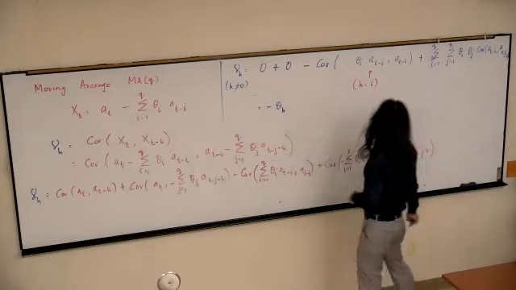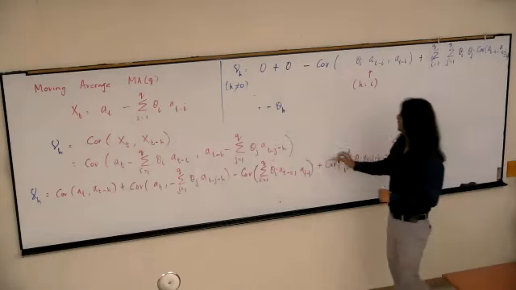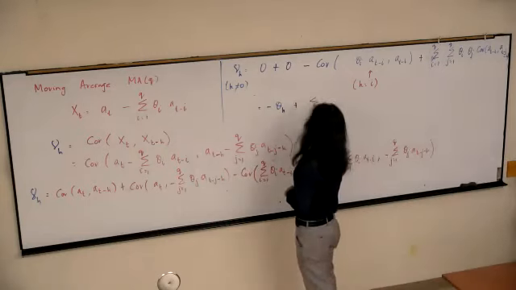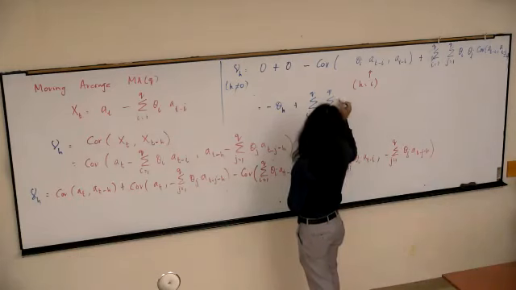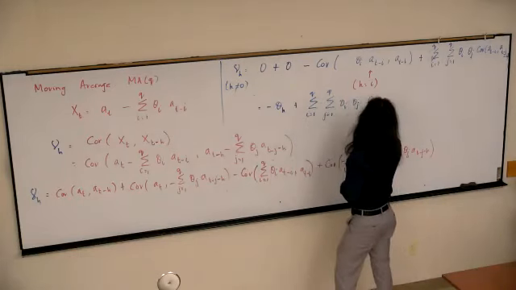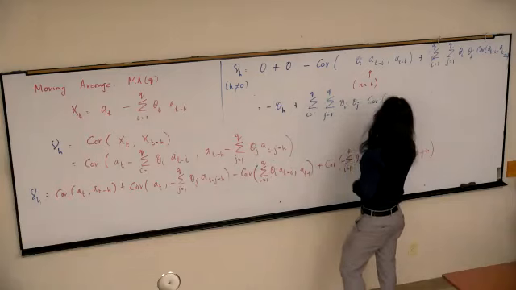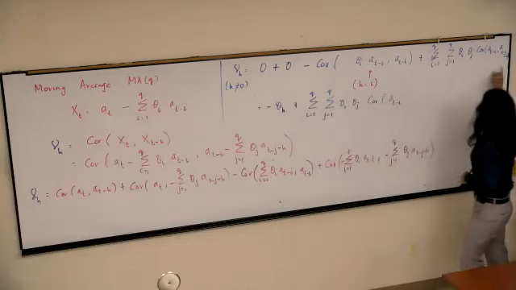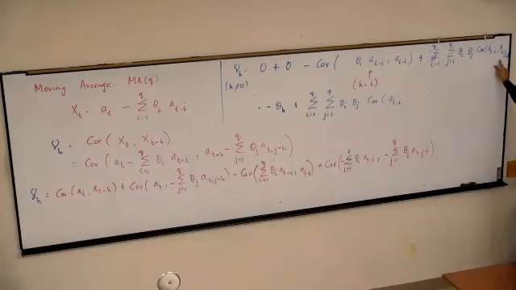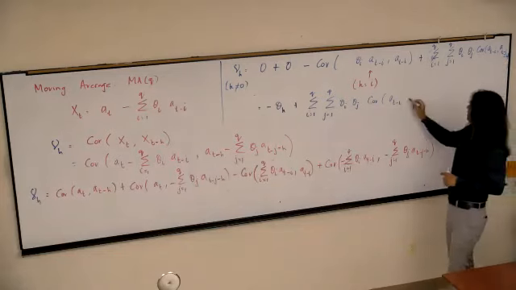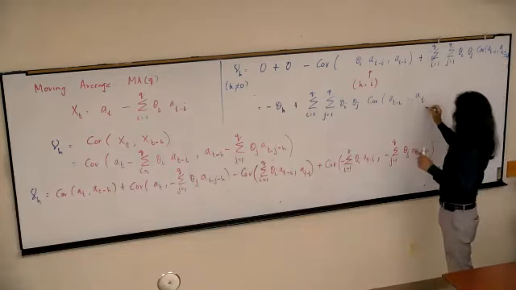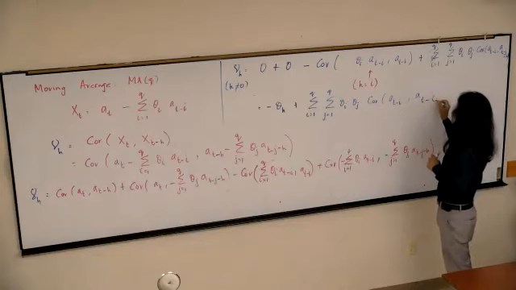So I'm going to put negative theta h plus sum i equals 1 to q, sum j equals 1 to q, theta i, theta j, covariance a sub t minus i, I'm going to rewrite that, t minus j plus h.